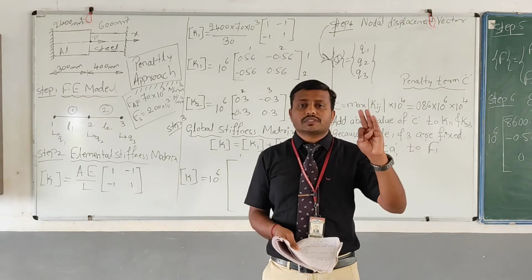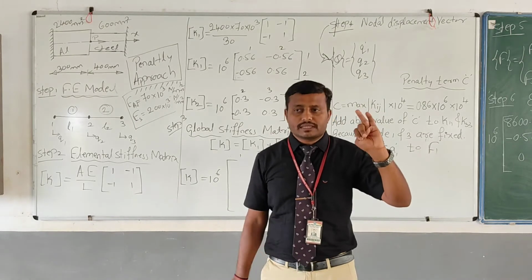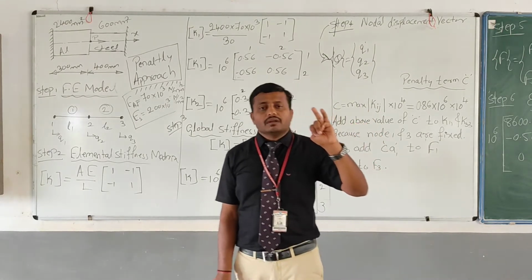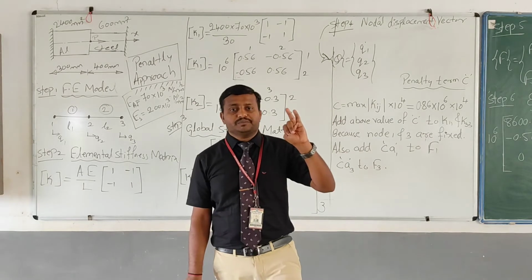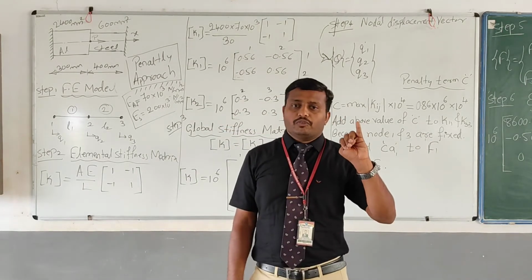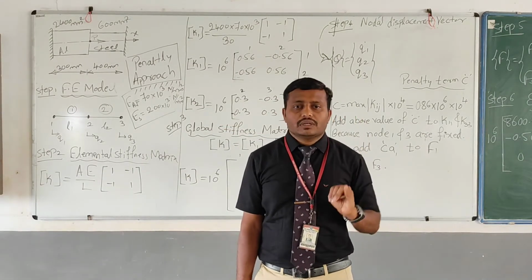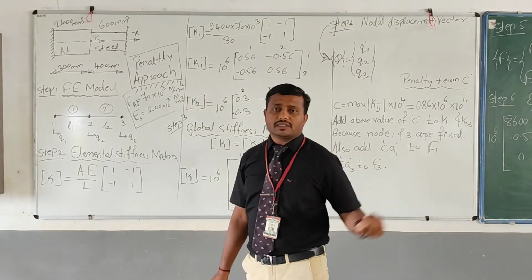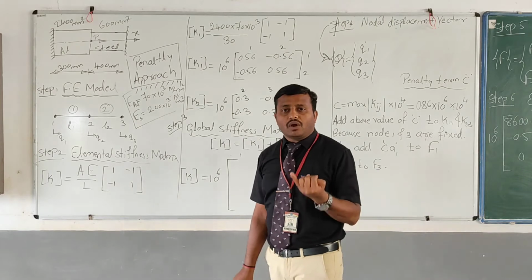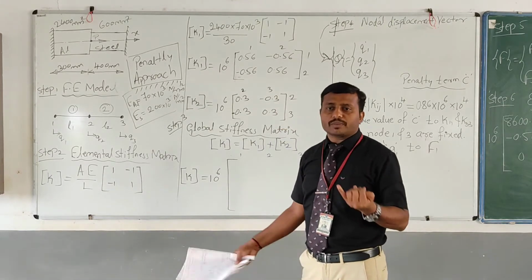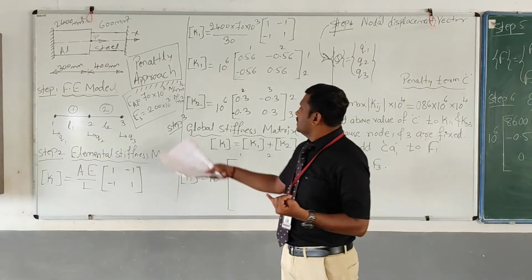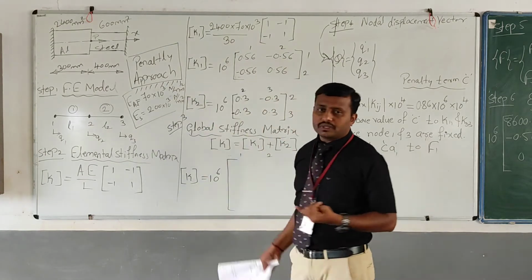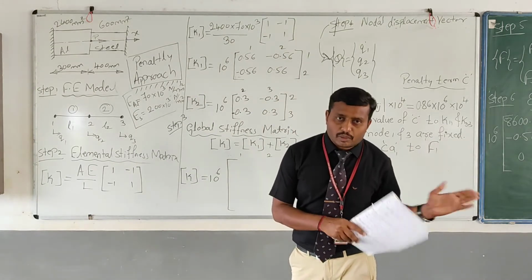Step number 4, the global displacement vector. That also remains the same. Before going to step number 5, there is a small change in this penalty approach compared to the elimination approach. So first, I will explain all 4 steps in short, because you already know how to write these, as we have seen in the previous problems.